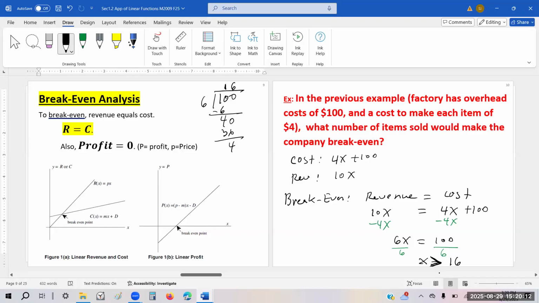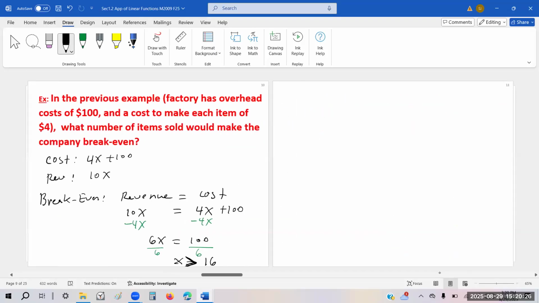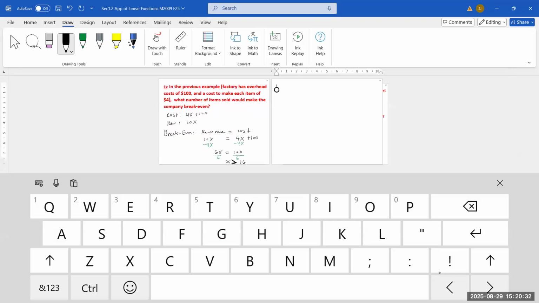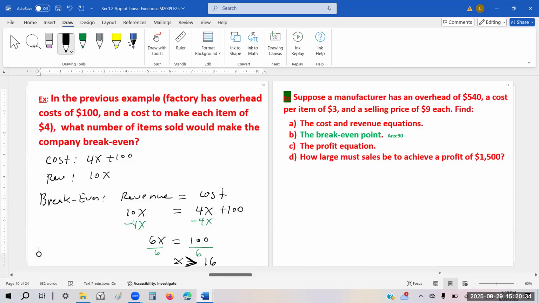In real life, we cannot get between 16 and 17 items. So this is also a better example for break-even. Something is wrong with break-even today. We are not able to get any break-even. But I hope in the exam, they'll give you something that is easy to understand or easy to work with. I hope this example is a good example.